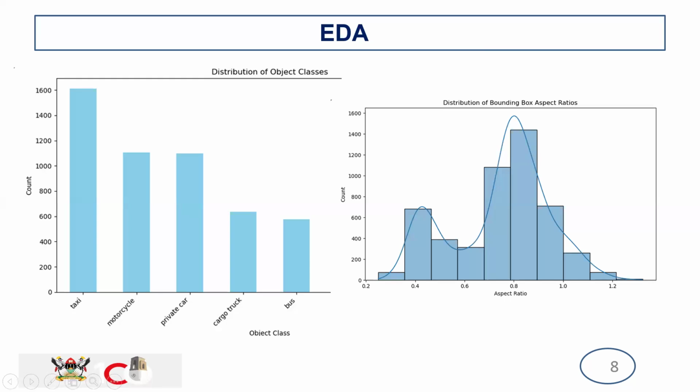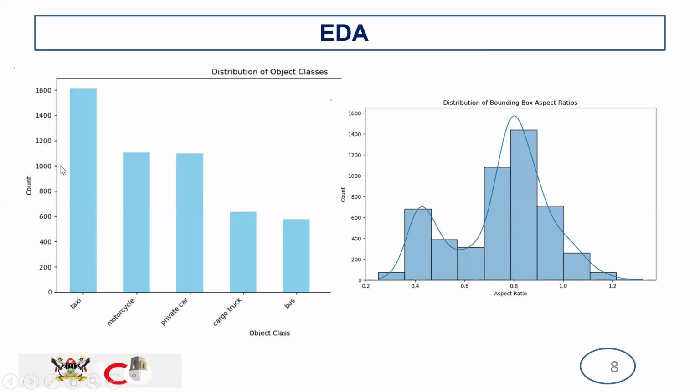I did some EDA on the dataset, and I wanted to find out how many classes I got, how many images I had, how they are distributed according to their aspect ratios, and so on. I realized after the whole process that I had labeled around 16,000 taxi vehicles.